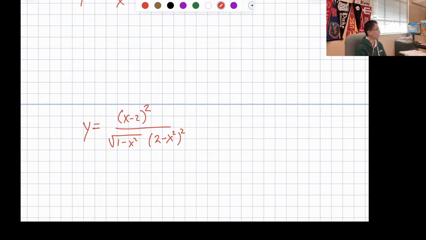Now, if I were to take derivative straight up like this, what is the issue that you're going to have? Two things on the bottom.